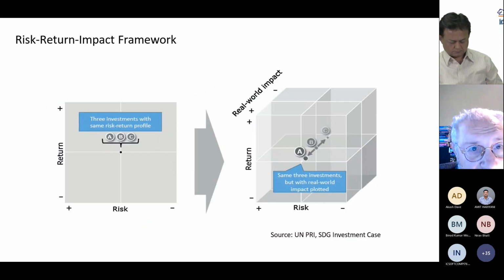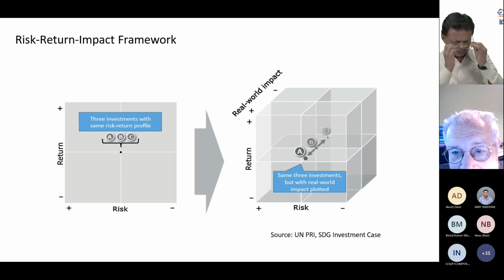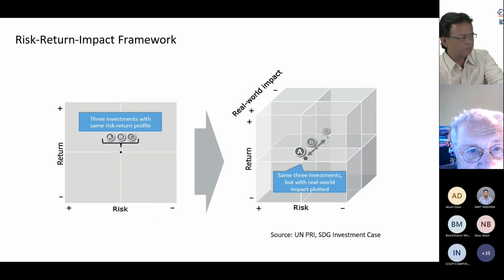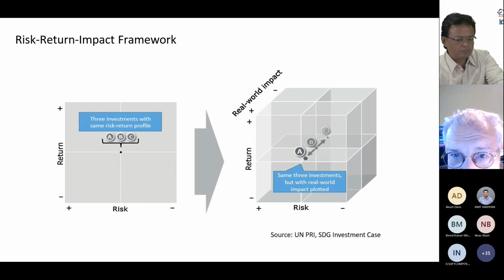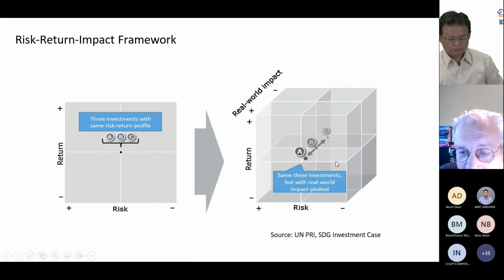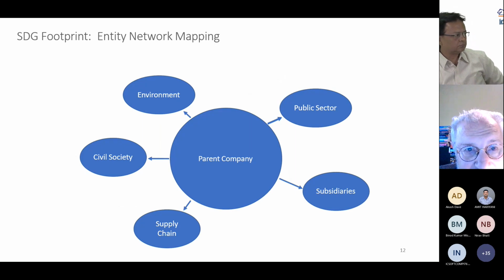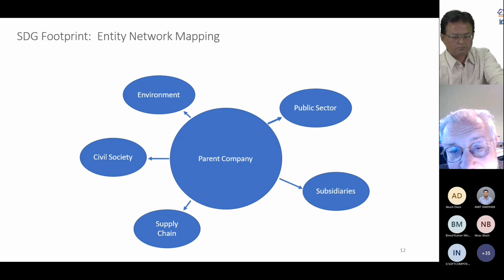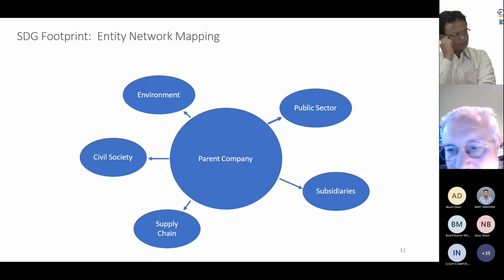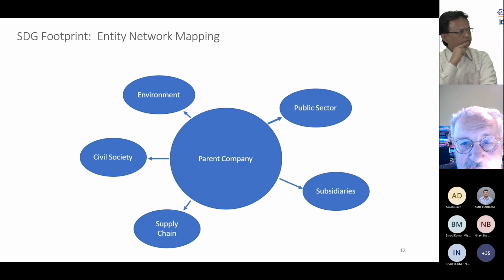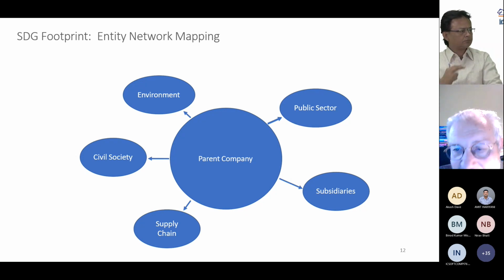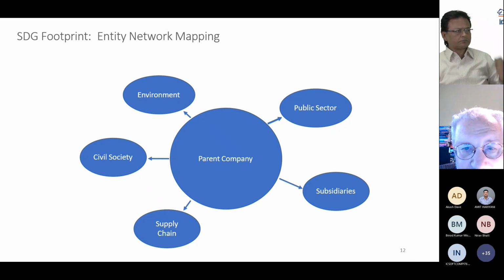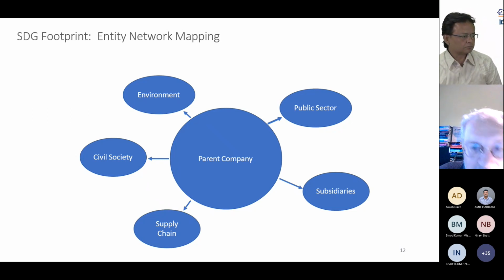What we want is to visualize data in more complex ways in order to take into account the footprint and real world impact. You can see from 2D to 3D what happens with the impact. And an important thing here, in such a complex system of monitoring the world, as you understand, we have an entity network mapping for each company and for each organization.